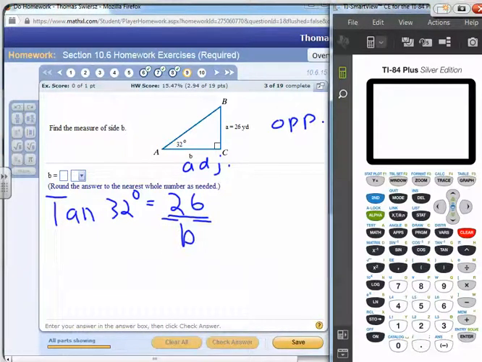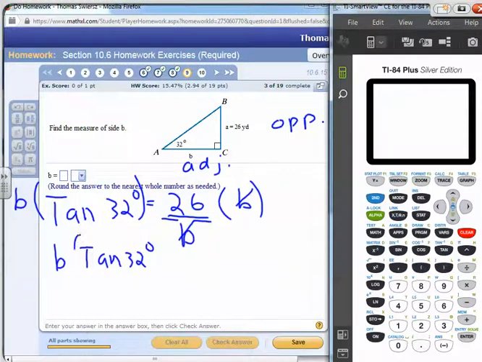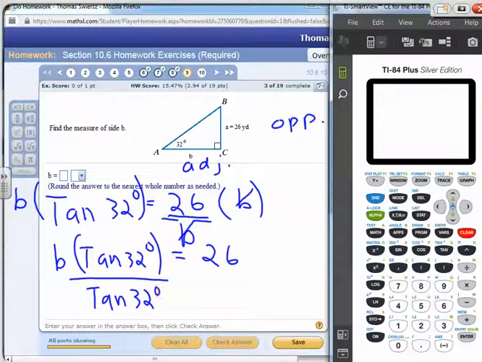So what we need to do here is a couple of algebra steps. We need to first multiply by B on both sides. The Bs cancel, so we get B times the tangent of 32 degrees is equal to 26, and then you can simply divide both sides of the equation by the tangent of 32 degrees.